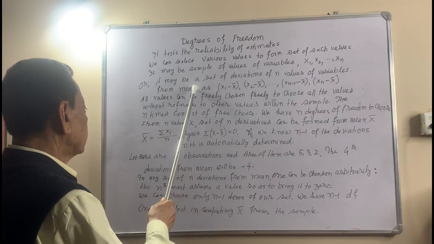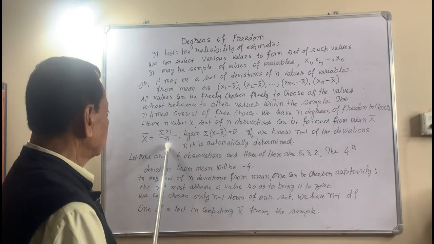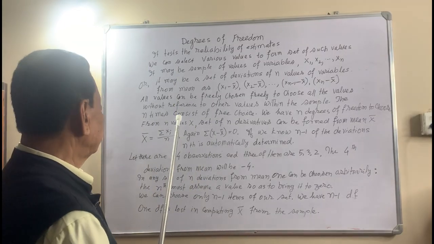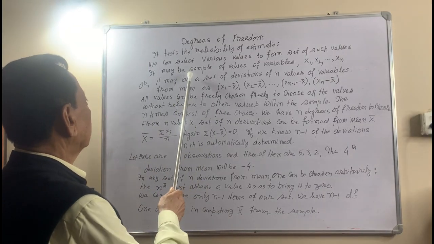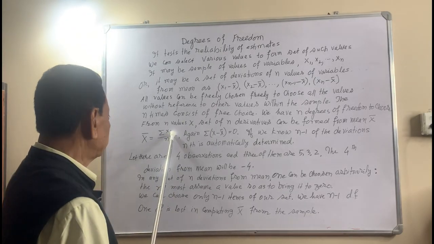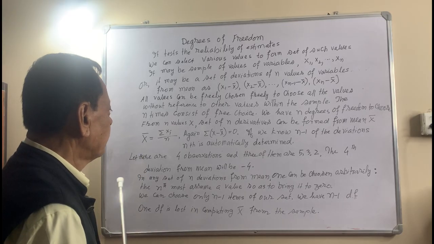So we sum up the x series, then divide by the number of observations. Suppose there are 30 observations; the sum of those values divided by n becomes the average.